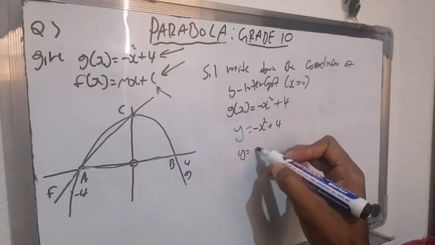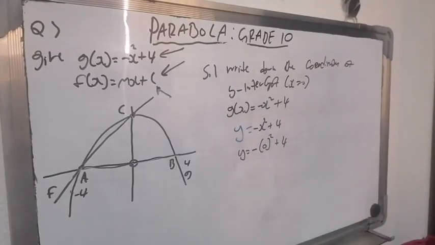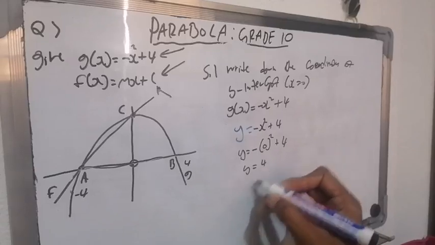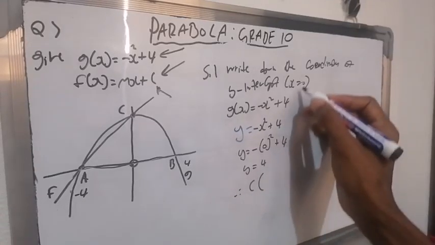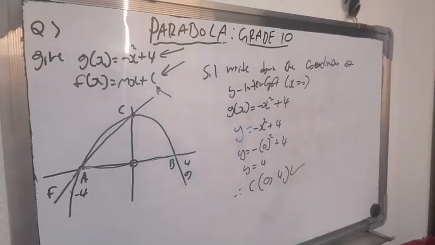We're going to go y is equal to negative 0 squared plus 4. You just punch it the way it is on your calculator. You find that y is 4. Therefore, the coordinate of C has x is 0 and y is 4. Done. That's how you find the coordinate. I believe it makes sense now, and you won't struggle.